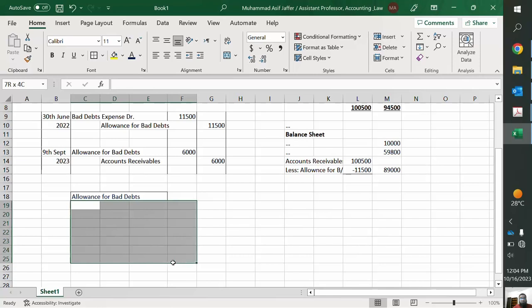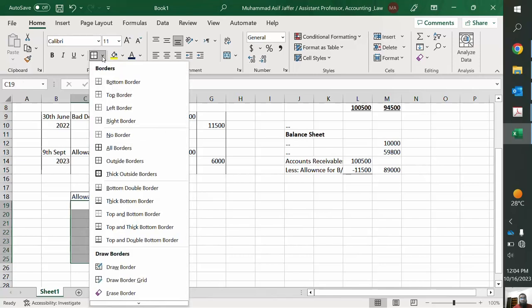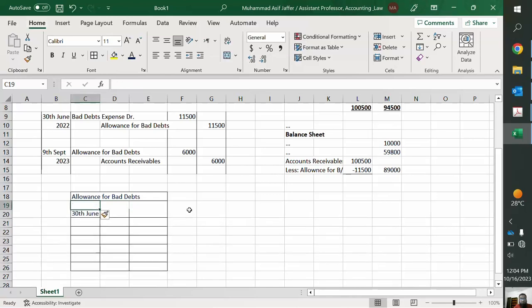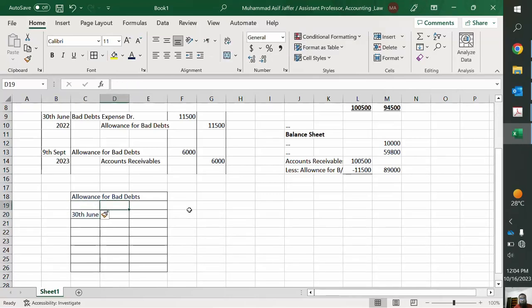So this was 30th June. I'm not making the description column, I'm just making the debit and credit columns. So this is the debit column, this is the credit column, and this is the date column. I'm not making other columns for now.